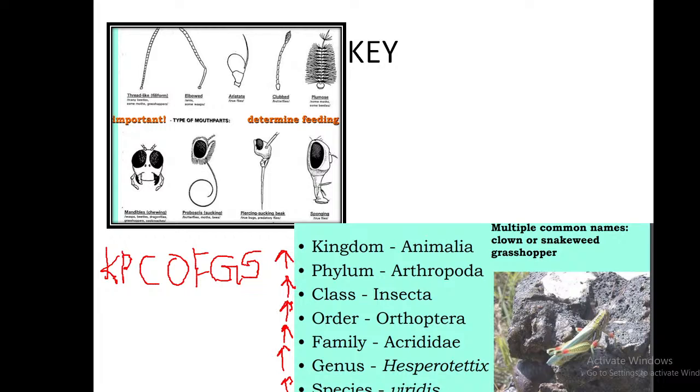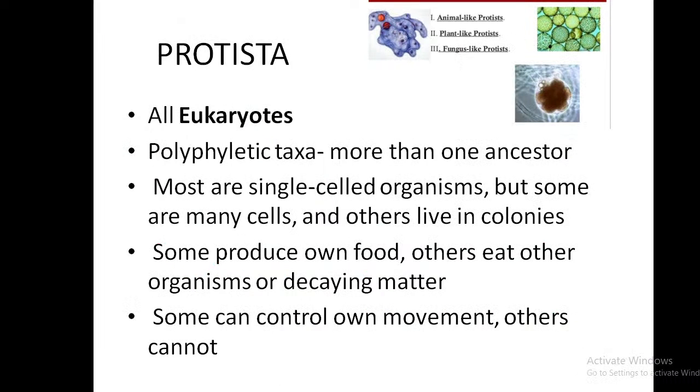Now, let's see kingdom Protista first. As per your syllabus, you have to learn kingdom Protista first, so I'll begin with it. The first and foremost thing you have to remember is that all organisms which come under kingdom Protista are eukaryotes.